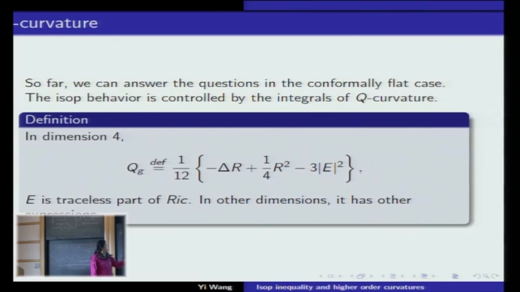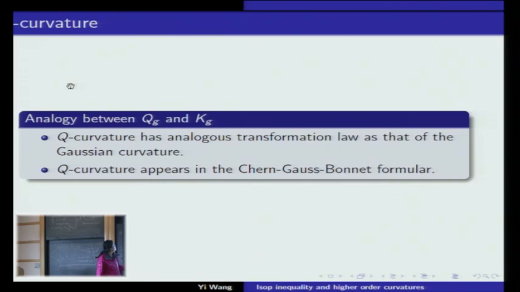Well, the reason that people define this is because it satisfies a certain analogous transformation law as the Gaussian curvature in 2 dimensions. So the Q curvature has an analogous transformation law if you change a metric from g to some function times g, as that of the Gaussian curvature in 2 dimensions.